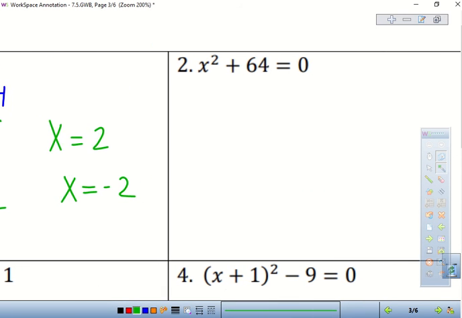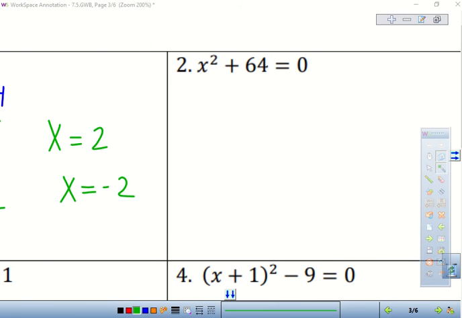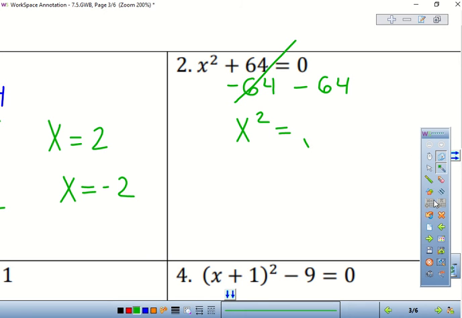First thing we're going to do is we see that we don't have a b term, so you need to get the 64 to the other side. To do that, we do the reverse operation and we subtract. And we end up with x squared is equal to negative 64. Now, here's where you have to be careful.